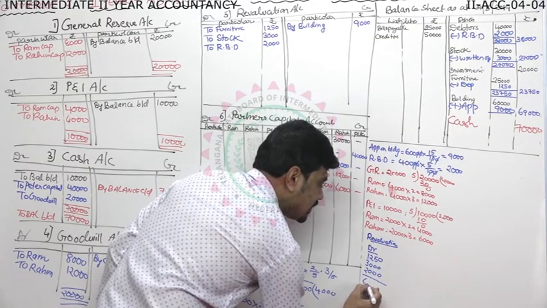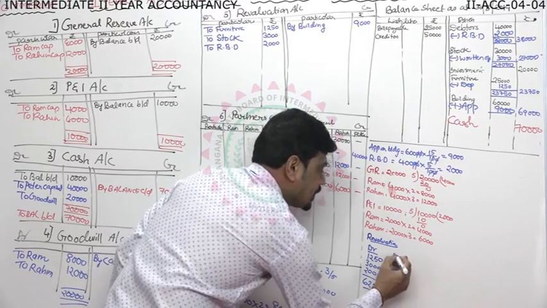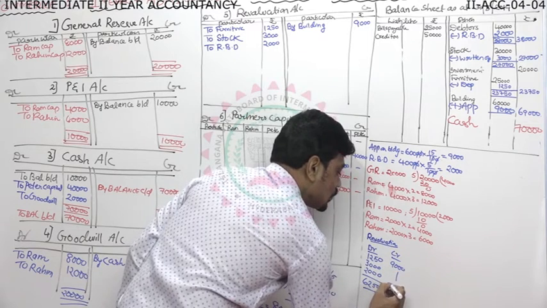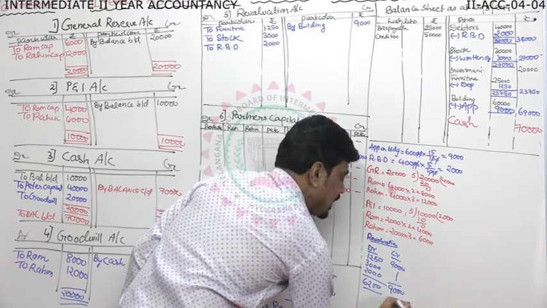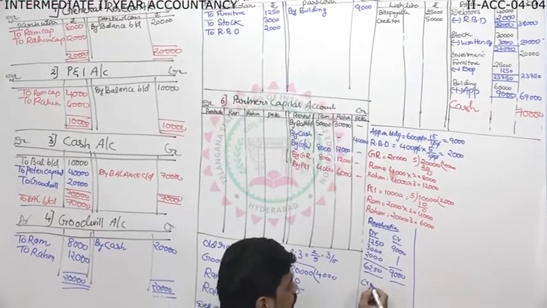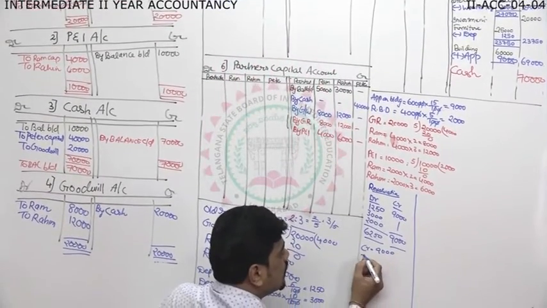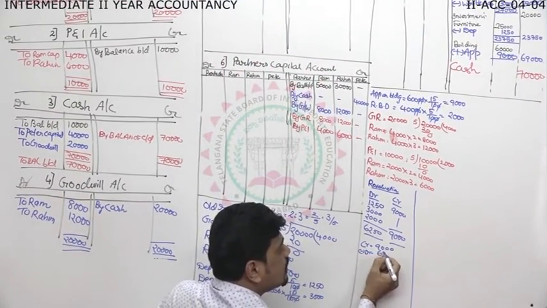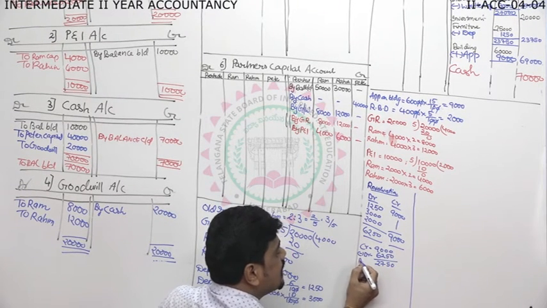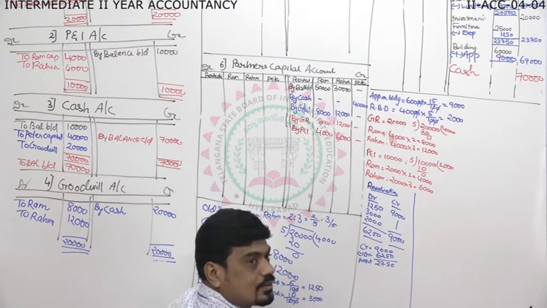The total is 6,250. Now the credit side: 9,000. Credit is more, 9,000 minus debit 6,250. The balance is 2,750, which is profit.